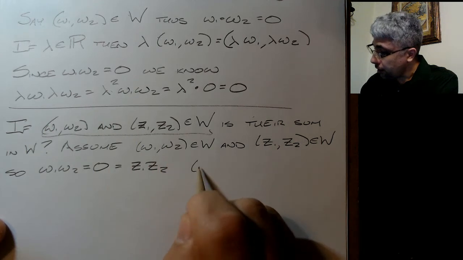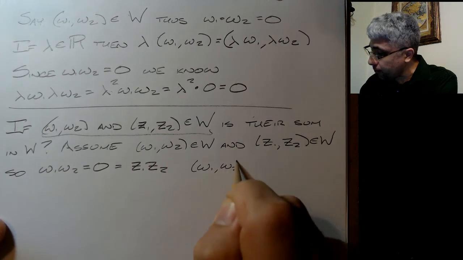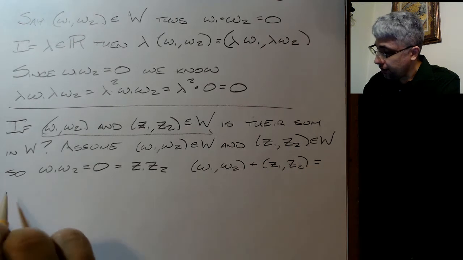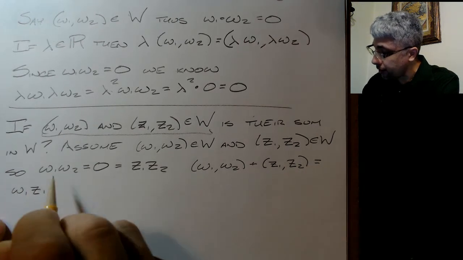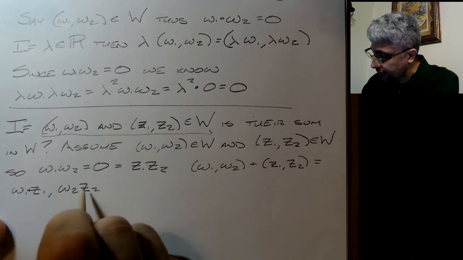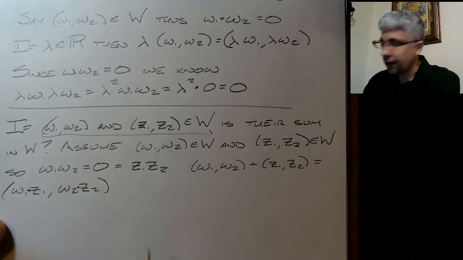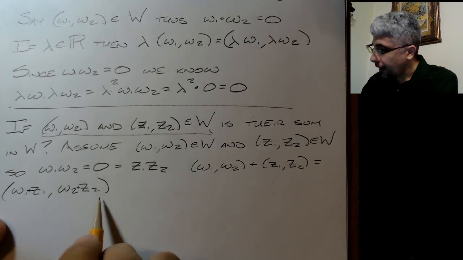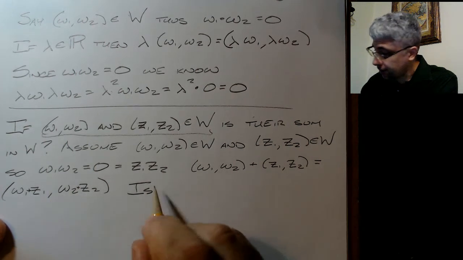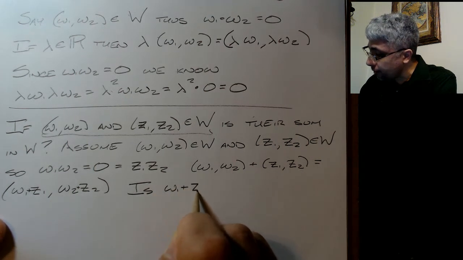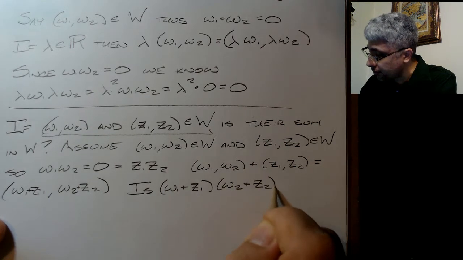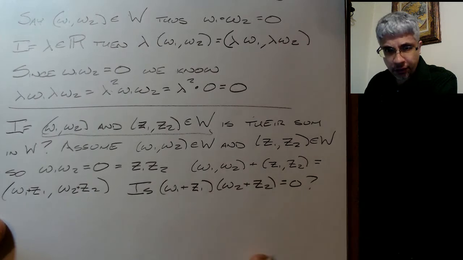Well, (w1, w2) plus (z1, z2) is equal to (w1 plus z1, w2 plus z2). I forgot the plus. Okay, so we have this. And I want to know, is the product of these two equal to 0? So is (w1 plus z1) times (w2 plus z2) equal to 0? That's what I want to check.